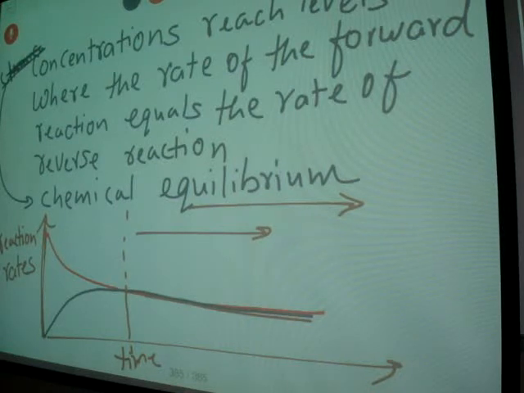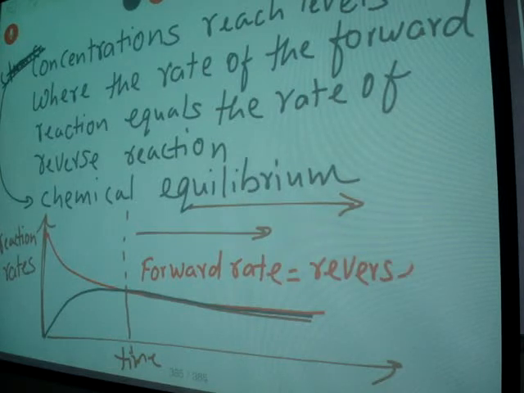It tells us forward rate equals reverse rate. So that's the concentration level where the forward and reverse reactions are established. Forward rate and reverse rate should be equal.